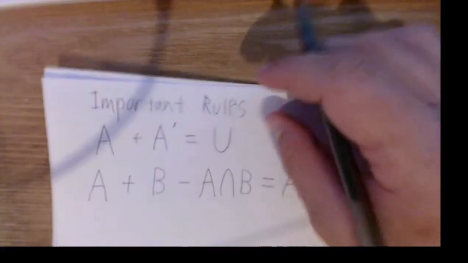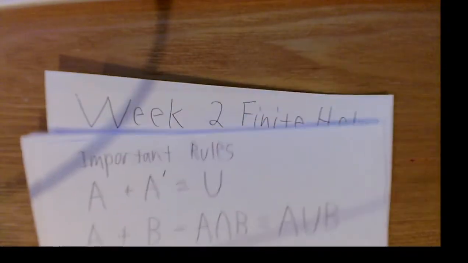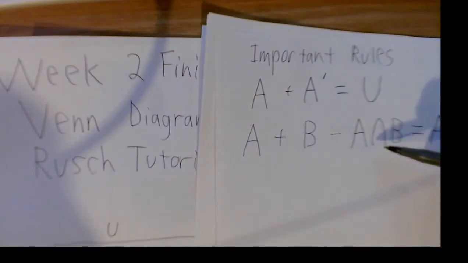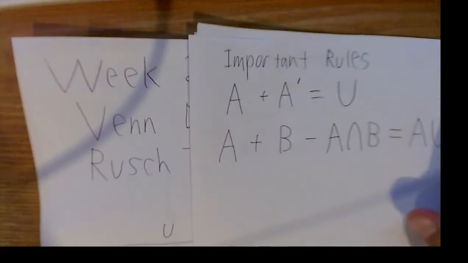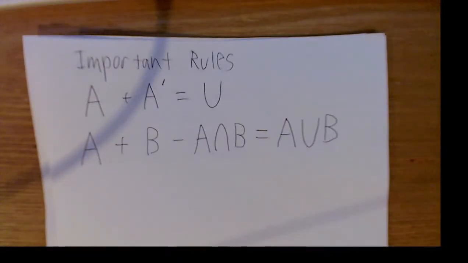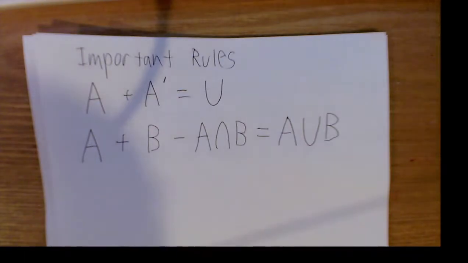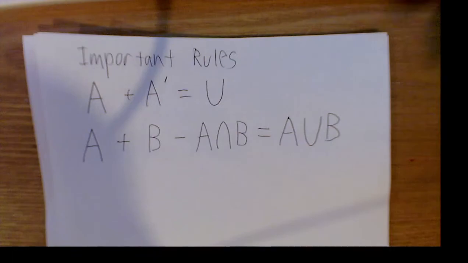Also, as we showed in the Venn diagram before, you don't want to double count, right? So we have this rule here, which is A plus B minus A intersect B equals A union B. For example, let's say there are 1,000 Kelly-directed MITs, and there are 50 cheerleaders on the freshman cheerleading squad, and 10 of those cheerleaders are Kelly-directed MITs.